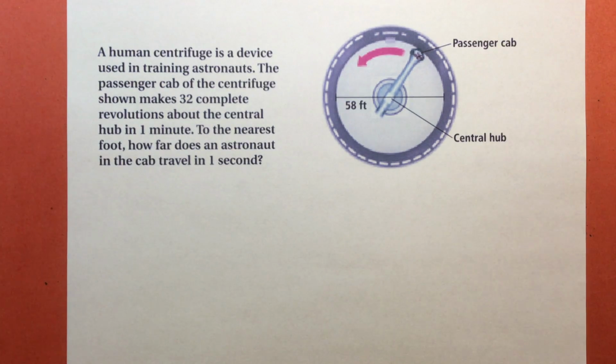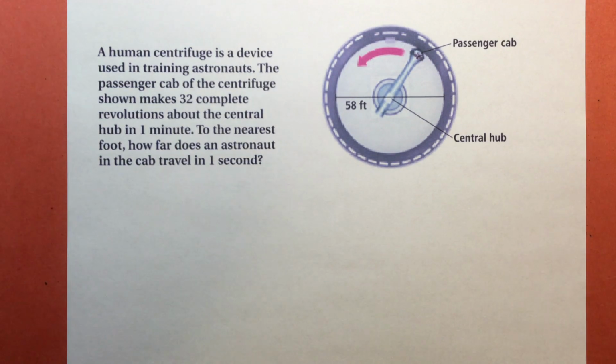We have a human centrifuge, and what a human centrifuge does, you can have a centrifuge in a chemistry lab that spins, and material that is denser separates out by its specific density, okay?